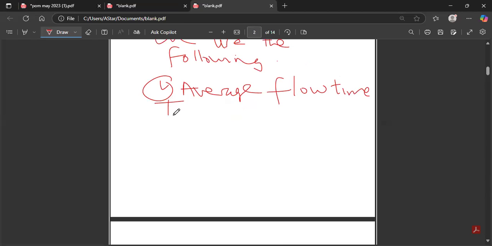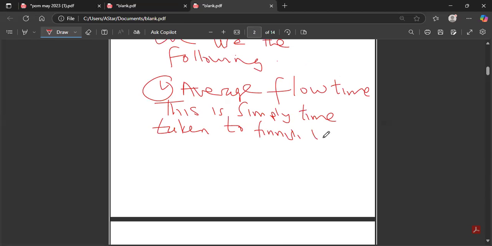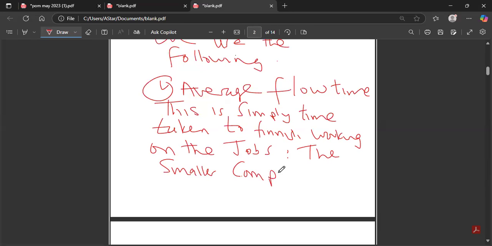This is simply the time taken to complete working on a job. So the smaller the completion time, the better.